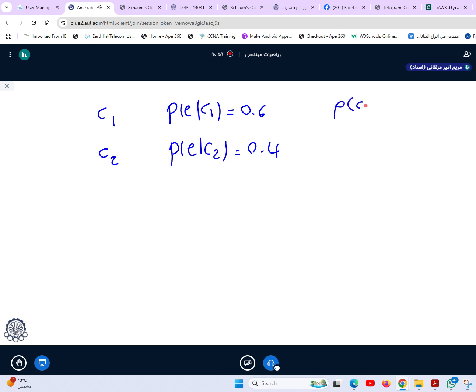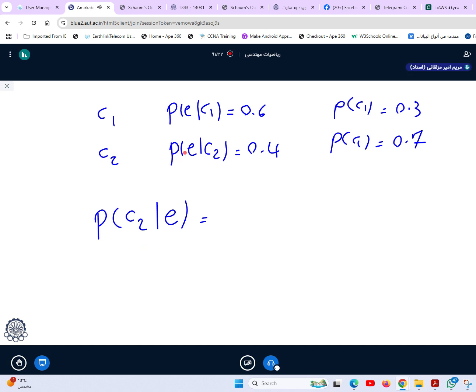We also know the probability of class 1 and the probability of class 2. Now what do we want? We want the probability of class 2 given error. It means that if we know that we have an error, what's the probability of class 2? We want to compute this probability.